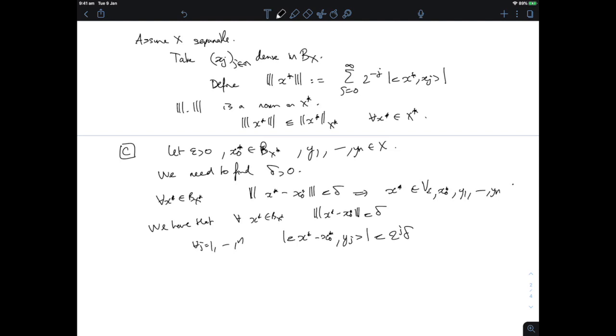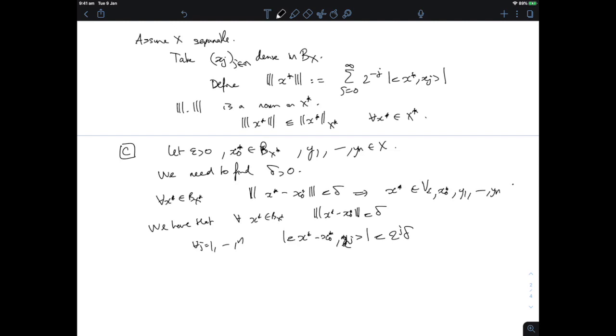That's because of the definition of the triple norm. If the triple norm is smaller than delta, every element here has to be smaller than 2^j times delta. And that's not y_j, that's x_j here.